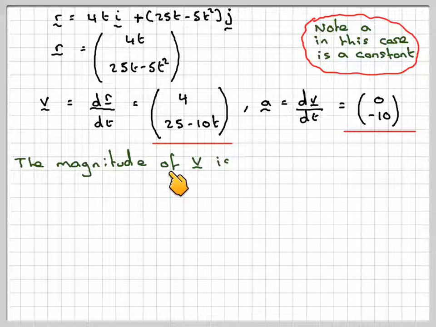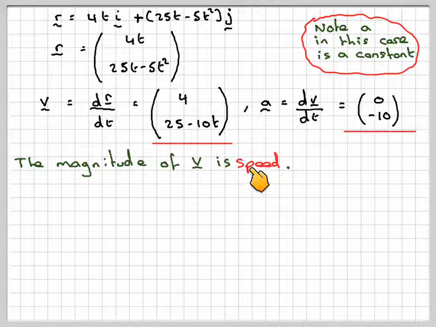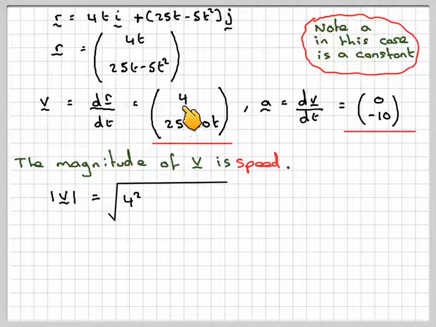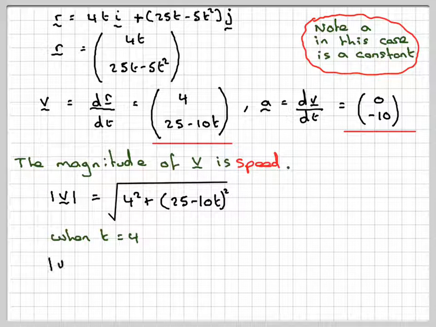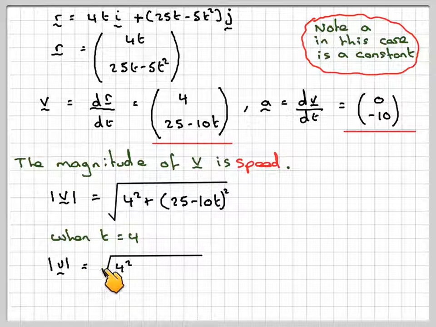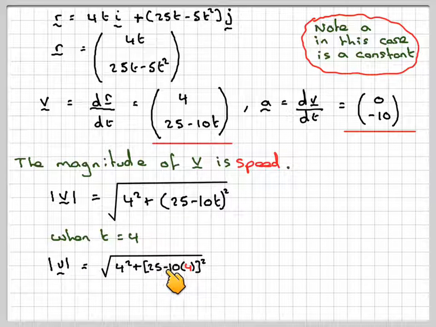So the magnitude of v is speed. If we want to find the magnitude, we need to find the magnitude of these vectors. It's 4 squared plus (25 minus 10t) all squared. Might be a good idea to put t equal to 4 in first. So the magnitude is the square root of 4 squared plus (25 minus 10 times 4) all squared.